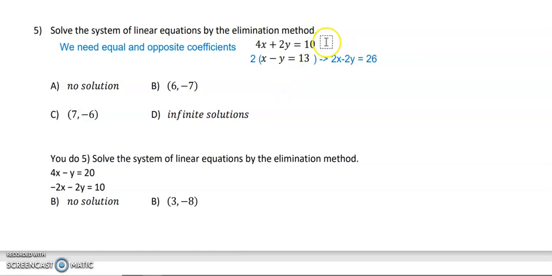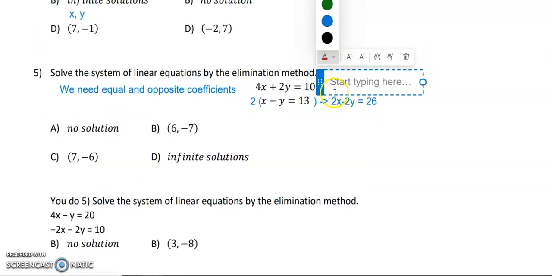And then I still have the first equation. I have the 4x plus 2y equals 10.